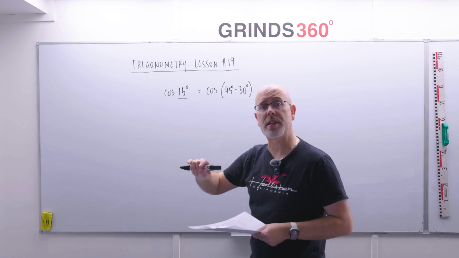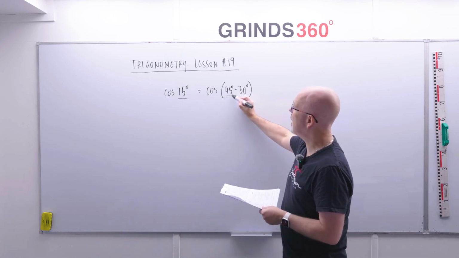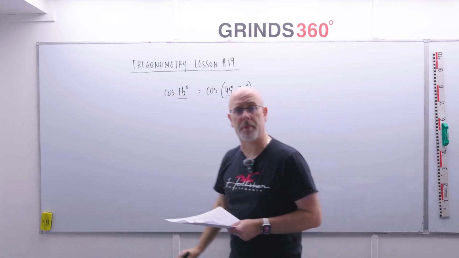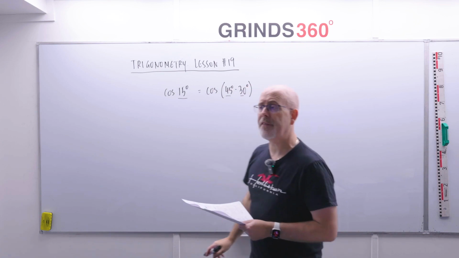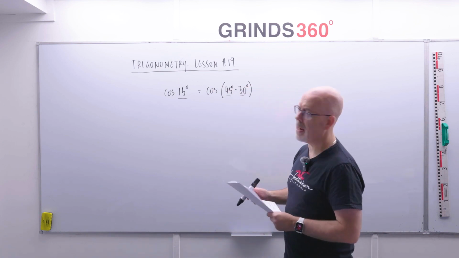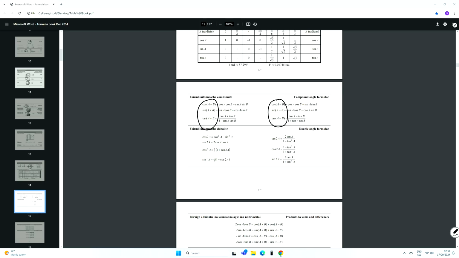The reason I'm choosing those two is because both of these are included in the table at the top of the page. If I look at the cosine A minus B formula, it is this one here, the one in the very top right-hand corner. That's the formula that I'm going to be working with in this particular question.